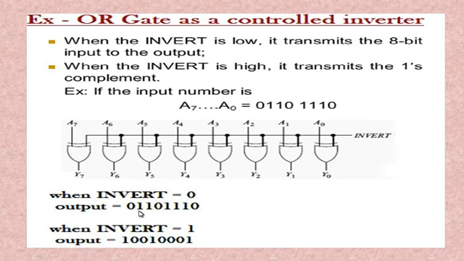But if invert is equal to 1, then the output will be the one's complement of the input, that is 10010001. Isn't it, students? You have to use this property in the next topic. So understood properly how this XOR gate gives the complemented output. Simply you have to remember that when invert is equal to 0, it will transmit the input as it is. But if invert is equal to 1, it will give the ones complement of the input. Isn't it? Okay.